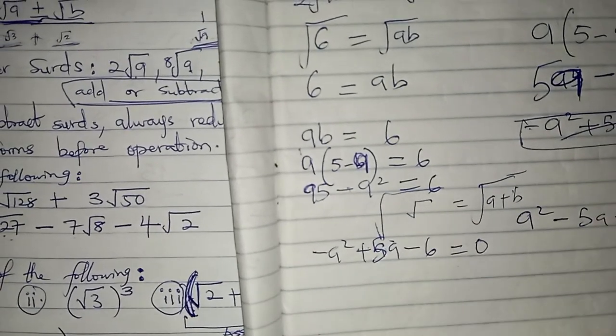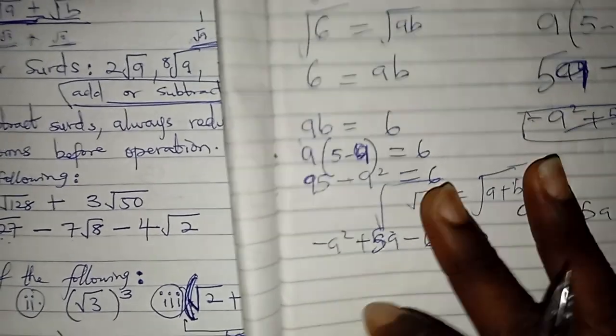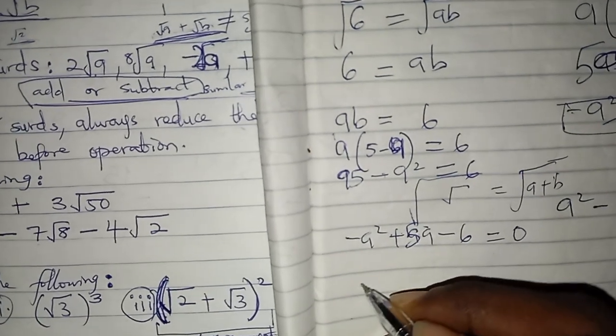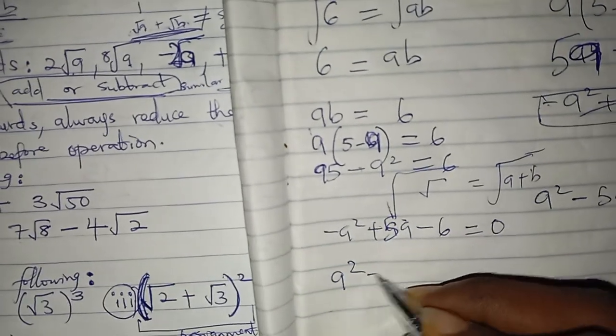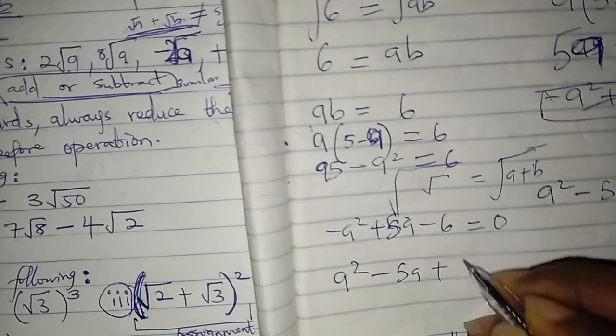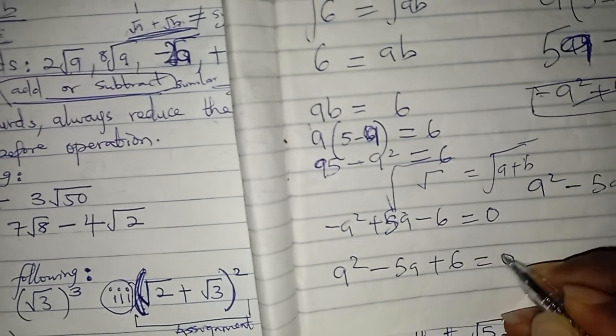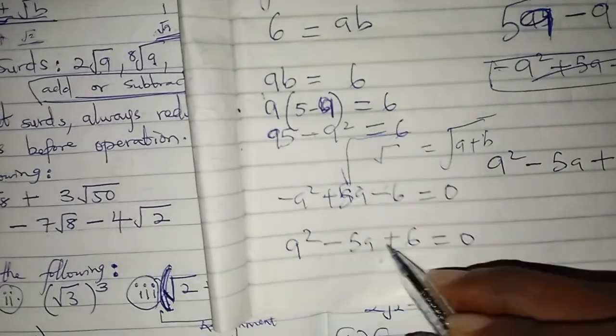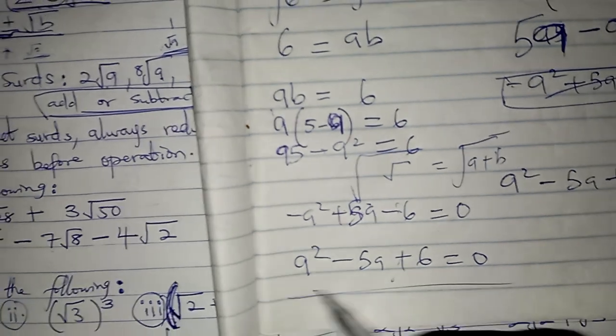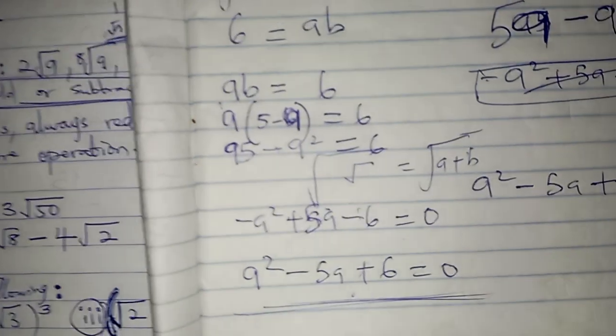But notice that assuming I did it crossing the equality sign the other way, this thing can be the same thing as saying a square minus 5a plus 6 equals 0. These two are the same thing depending on what you want to work with. So solve the quadratic equation.